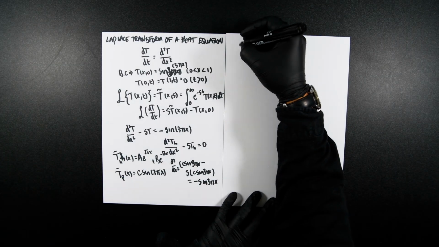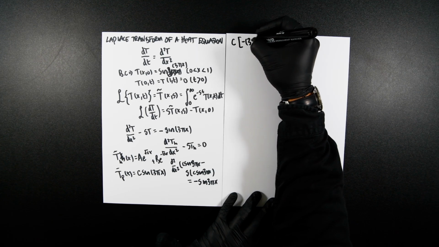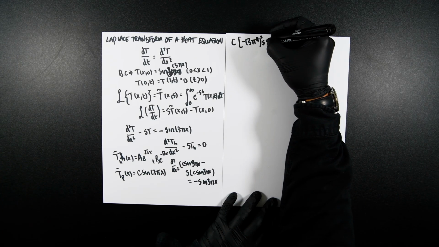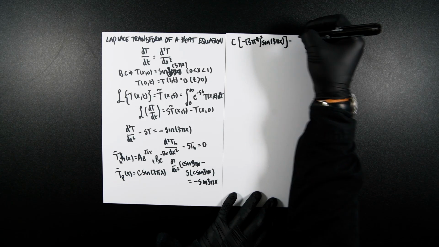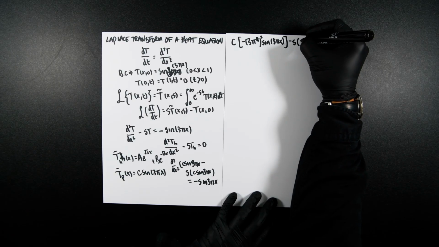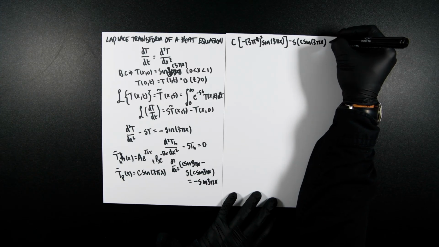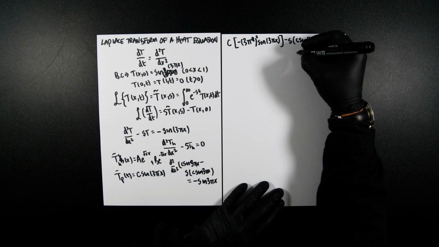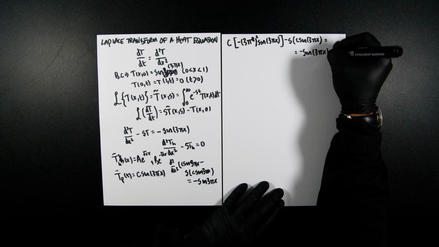So we can now start cleaning up. So C times minus 3 pi, oh no, sorry, the squared should be on the outside of the brackets. That was cheeky. Sine 3 pi x minus s C sine 3 pi x, which is going to be equal to the right hand side, which is minus sine 3 pi x.